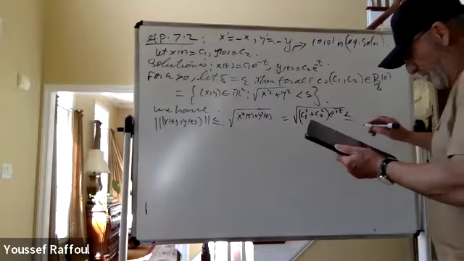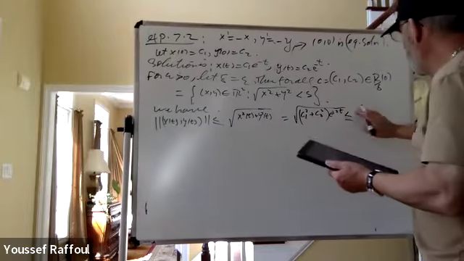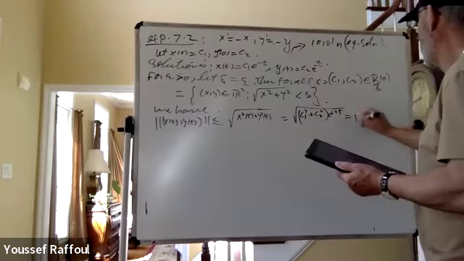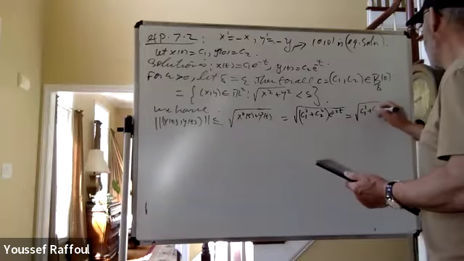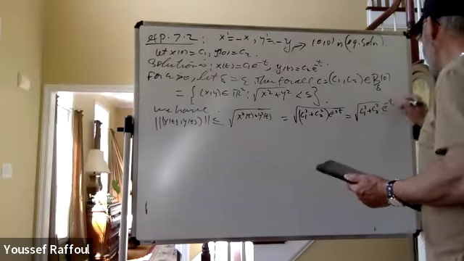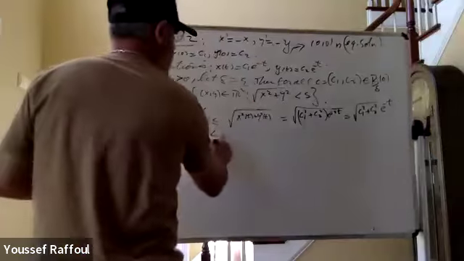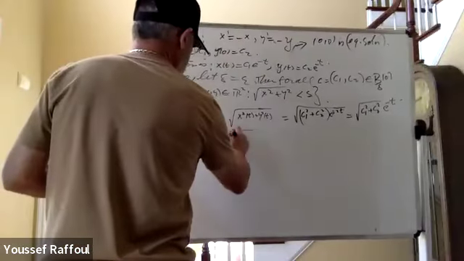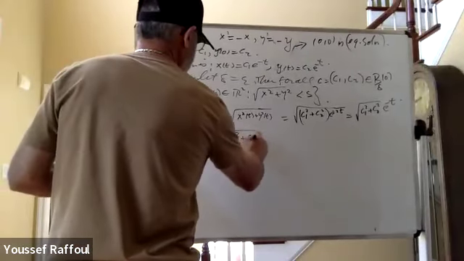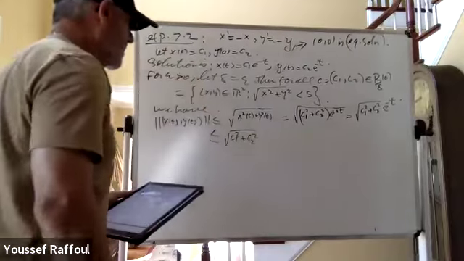This is less or equal to C1 squared plus C2 squared.